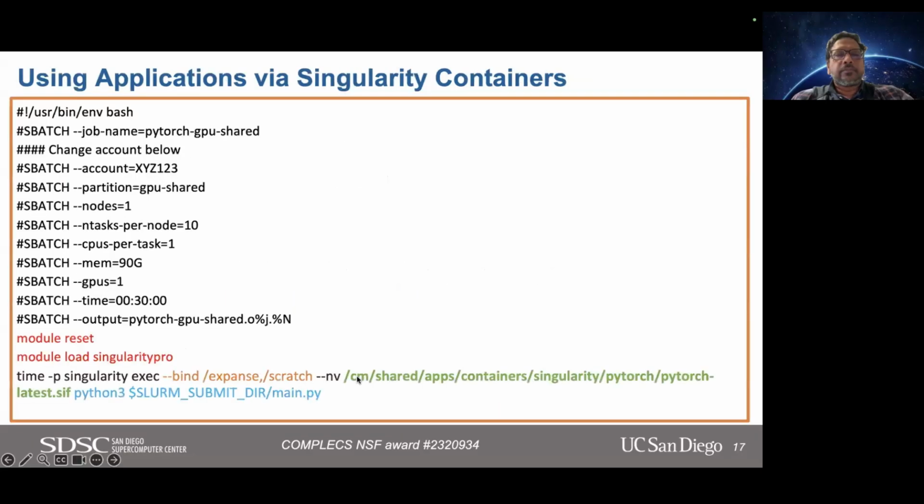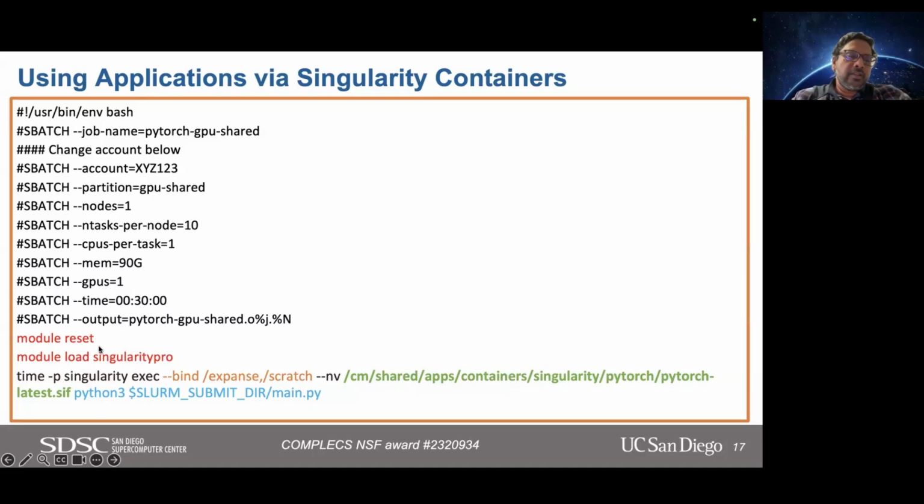And running jobs through containers is reasonably simple. So if you look at a Slurm job script, for example, I have here an example that's using a PyTorch container. And what we are doing is using one GPU in a GPU shared partition. So all of this looks like a normal Slurm script.